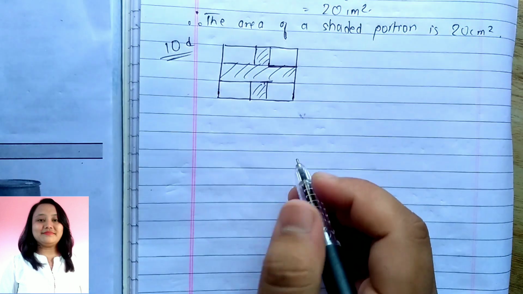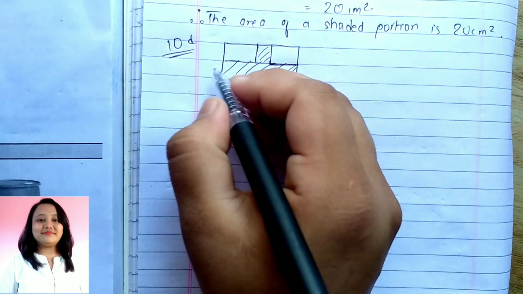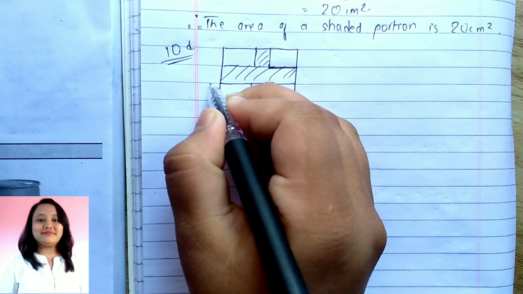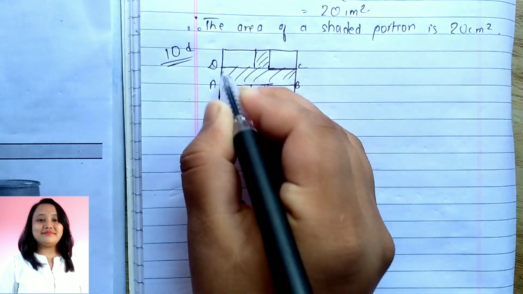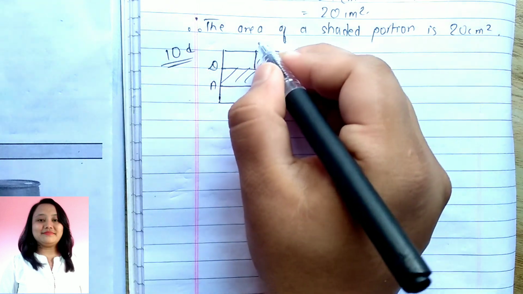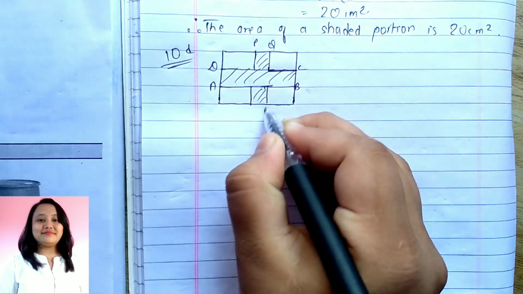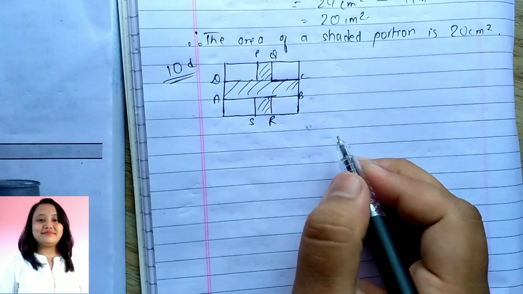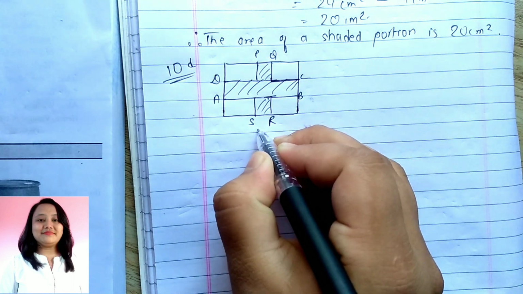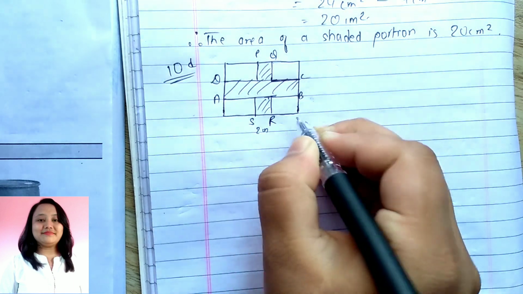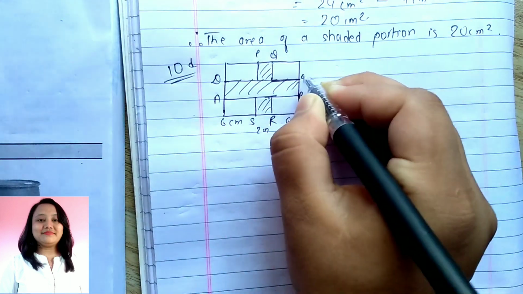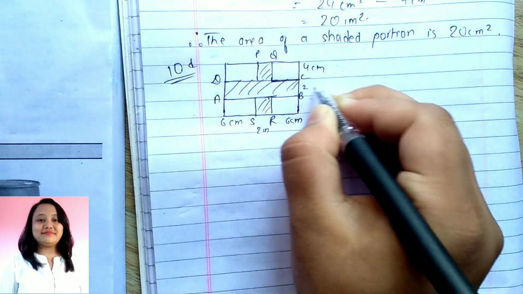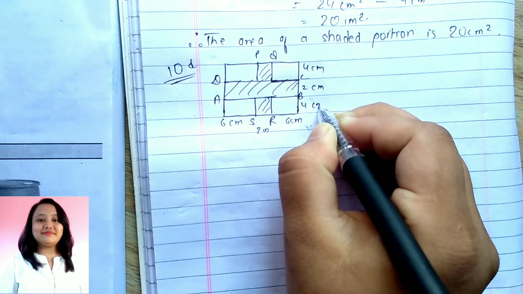Let's consider this is the ABCD rectangle and this is the PQRS rectangle. Here 2 cm is given, 2 cm is given, and here 6 cm, here also 6 cm, here 4 cm, here 2 cm, and here also 4 cm is given.